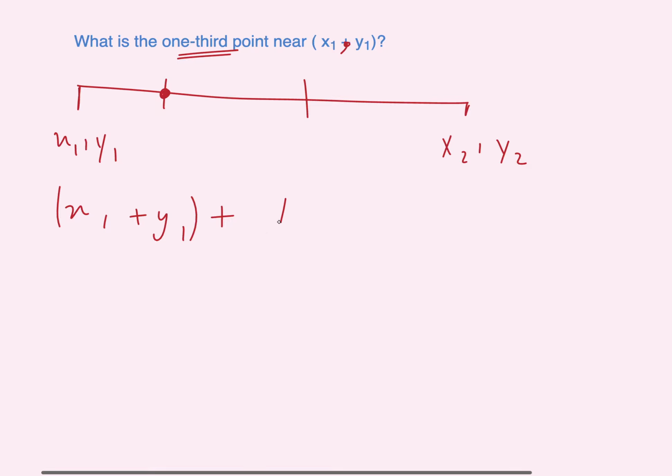So that would be 1/3 of whatever the distance is between these 2 points, x1 y1 and x2 y2. So what I can do is x2 minus x1 and y2 minus y1, right?